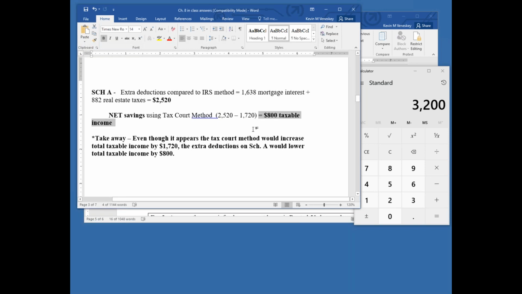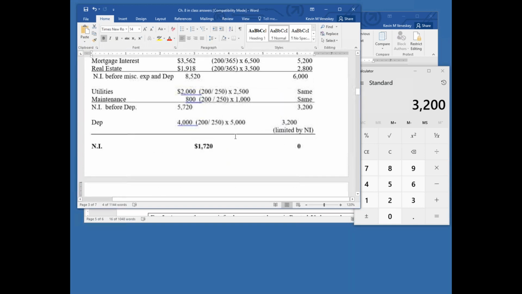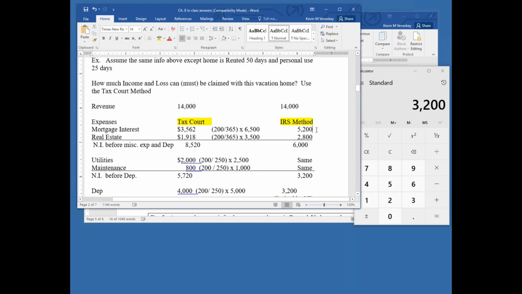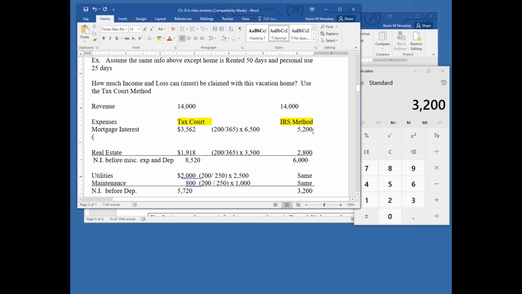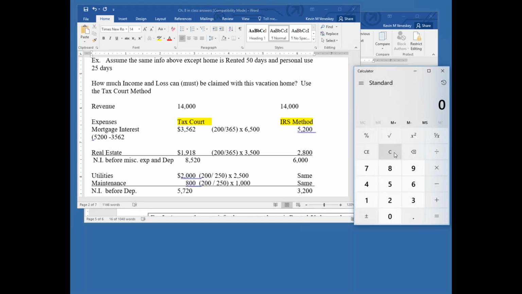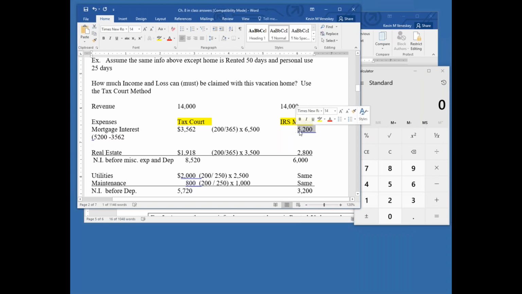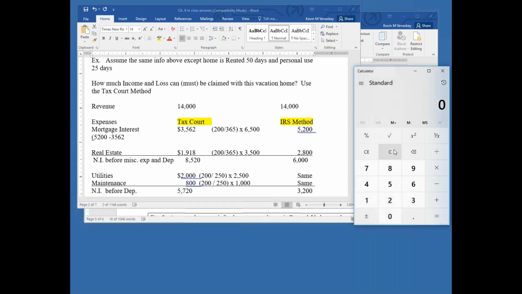I know it seems a little confusing, but it's just like on Schedule A. I'm going to real quickly go through the difference here. So the difference between the 5,200 and the 3,562, I got to use an extra 5,200 minus 3,562, an extra 1,638. If I would have done the IRS method, I would have only been allowed to use the 6,500 minus what I used for the real estate vacation home.